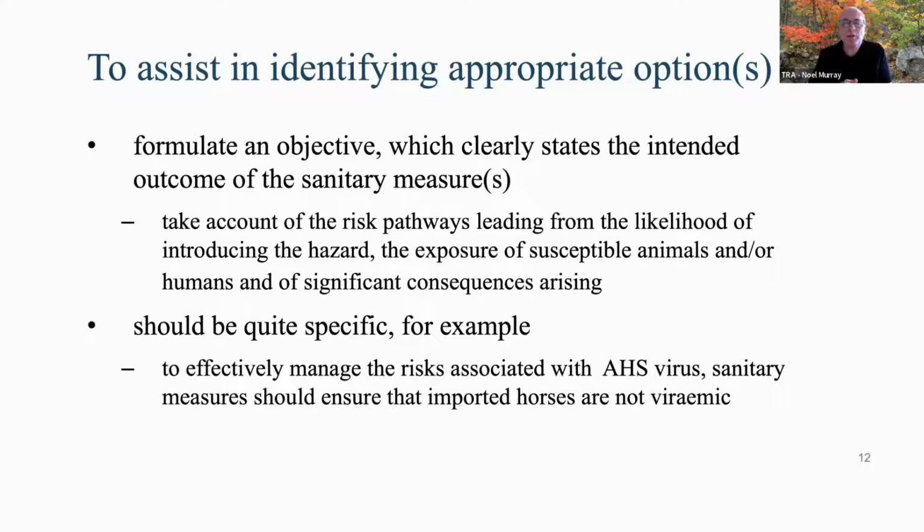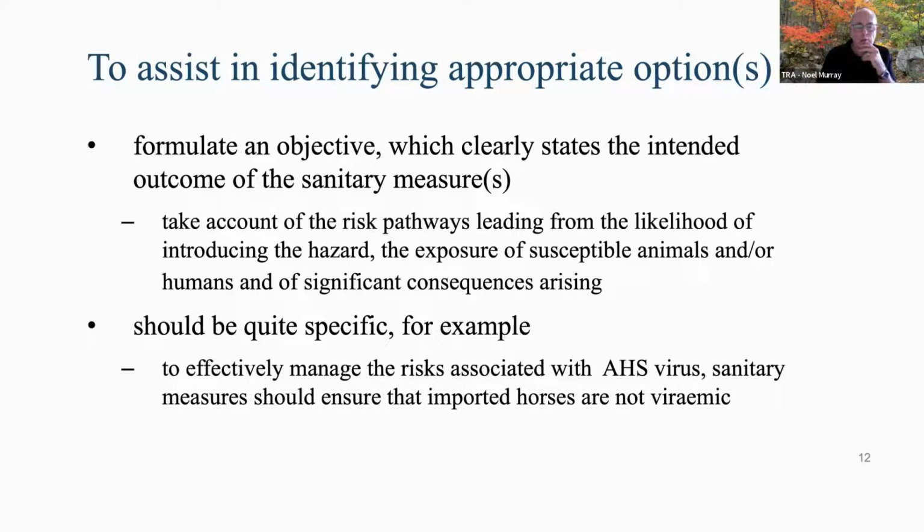So to assist in identifying options, it's important to formulate an objective which clearly states the intended outcome of the measure. And that objective is informed by the risk pathways leading from the likelihood of introducing the hazard, the exposure of susceptible animals or humans in your country, and of significant consequences arising.